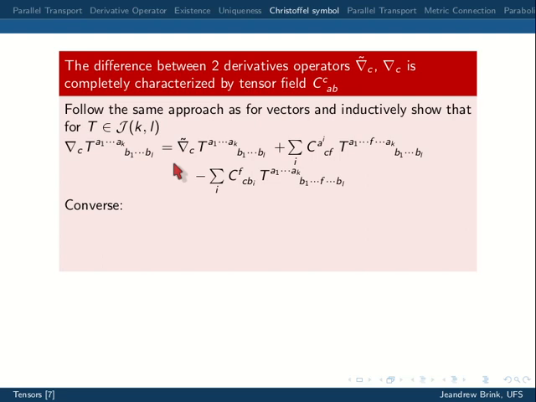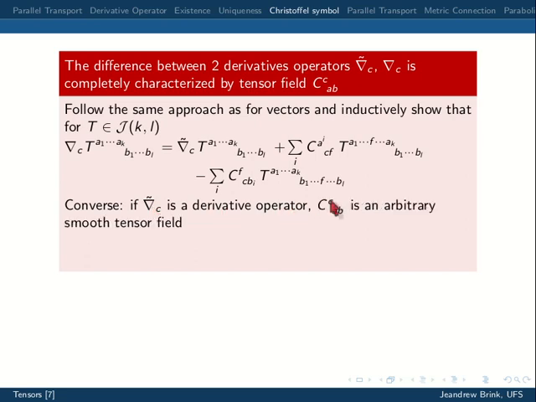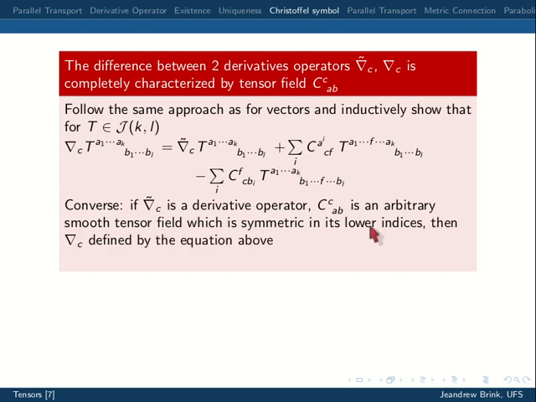Okay, the converse: if nabla tilde C is a derivative operator and C^C_AB is an arbitrary smooth tensor field, which is symmetric in its lower indexes, then nabla C defined by this equation above is also a derivative operator.